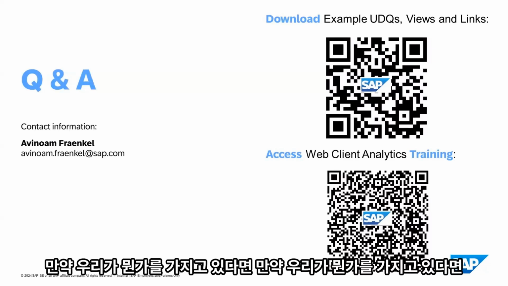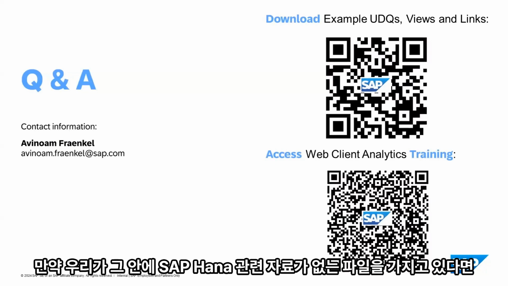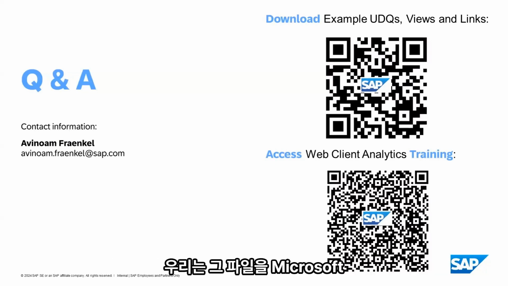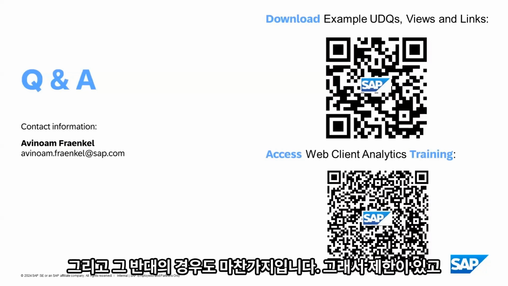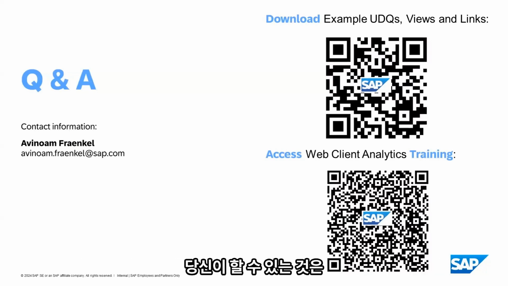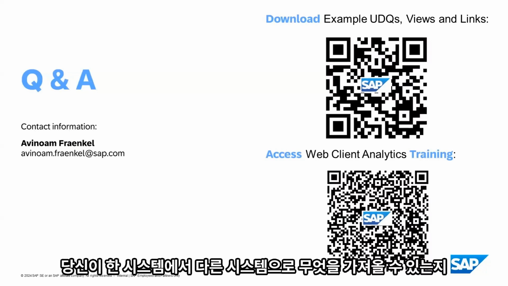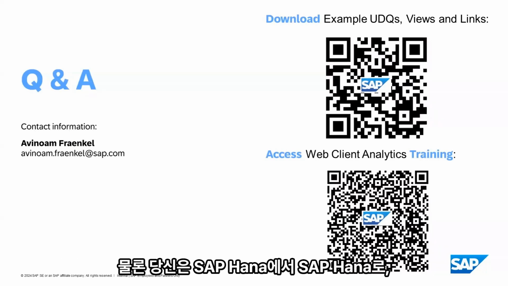If we've got a file that doesn't have any SAP HANA related material within it, I believe that we will be able to import that file into Microsoft SQL and the other way around. So there are limitations on what you can import from one system to the other. Of course, you can import from SAP HANA to SAP HANA, and from Microsoft SQL to Microsoft SQL.